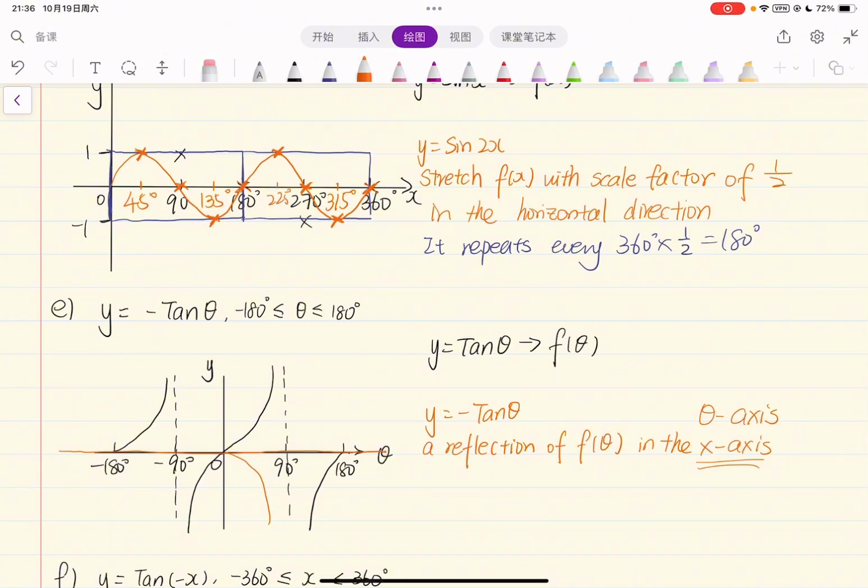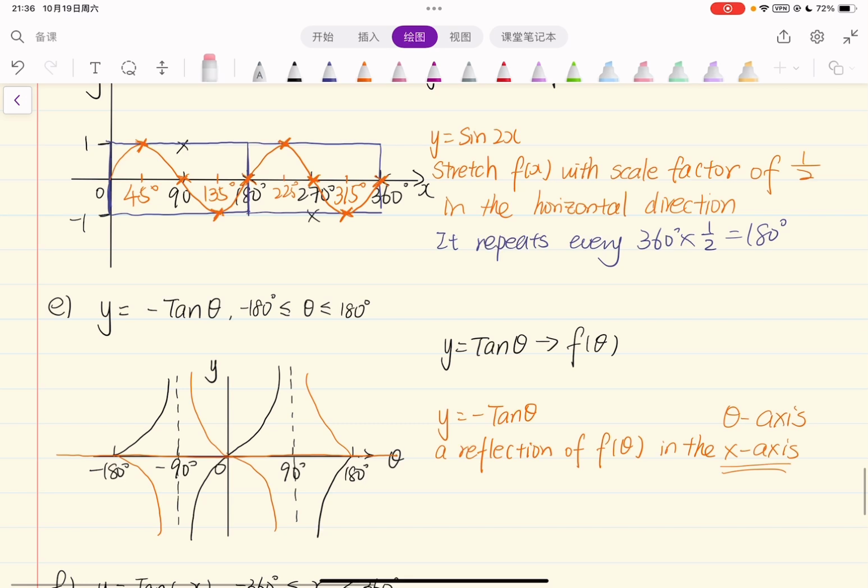And between negative 90 degrees and 0, it reflects like that, right? And similarly reflect other places. So the orange part is a reflection of tangent theta in the theta axis. Now let me erase the black part so you can see it clearly. How does y equals negative tangent theta look like?